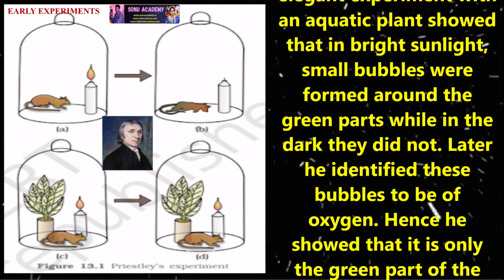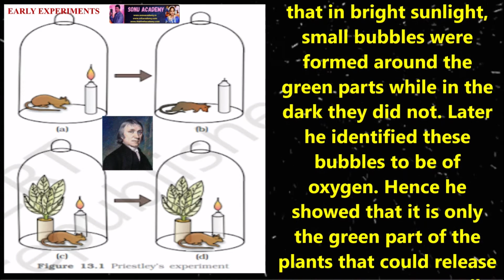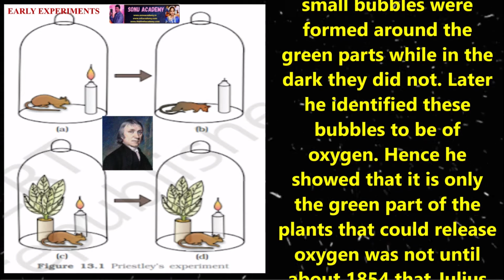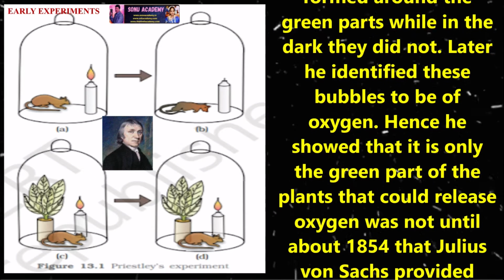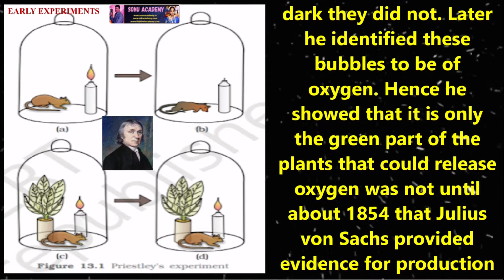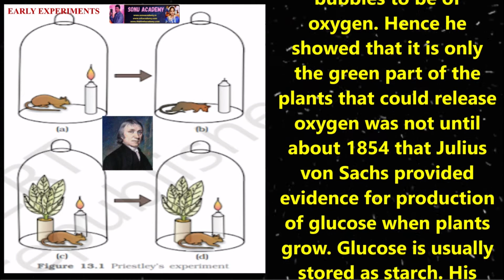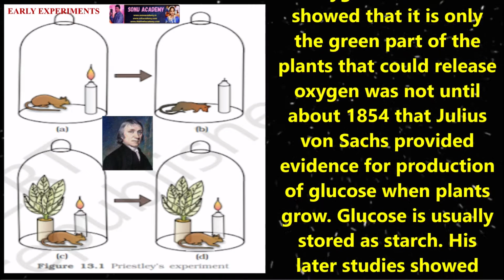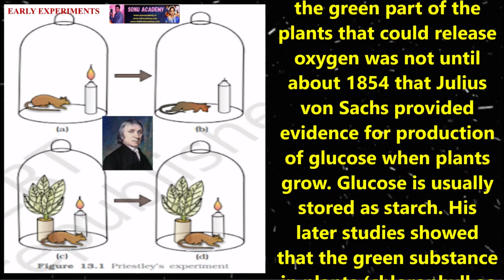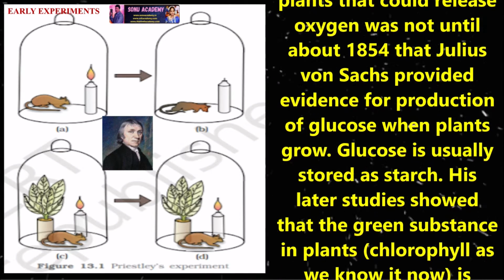Ingenhousz, in an elegant experiment with an aquatic plant, showed that in bright sunlight some bubbles were formed around the green plant while in the dark they did not. Later he identified these bubbles to be of oxygen. Hence, he showed that it is only the green part of the plant that could release oxygen.